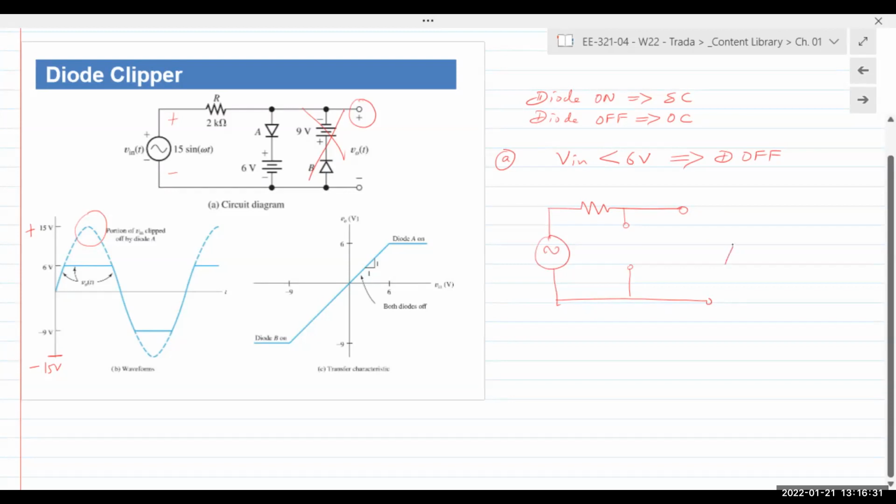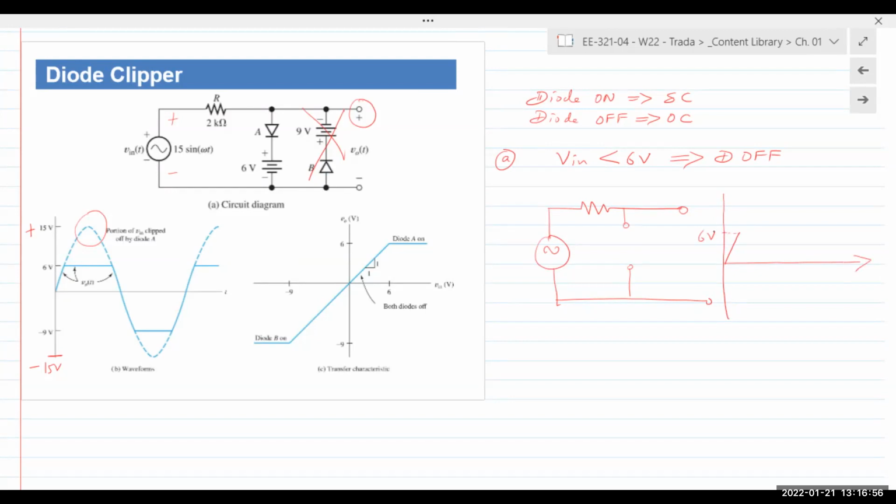We get this waveform at the output, right? All the way to 6 volts, meaning the input signal is allowed to reach the output unimpeded. So the input signal, which is climbing from 0 to 6, reaches the output with no problem.